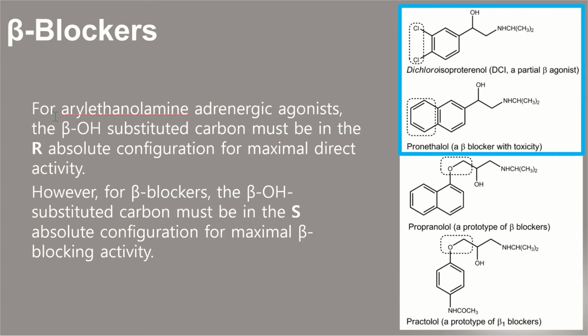All right, so for aryl ethanol amine adrenergic agonists, the beta hydroxyl substituted carbon must be in the R absolute configuration for maximal direct activity. You know all of this already. However, for beta blockers, the beta hydroxyl substituted carbon must be in the S absolute configuration for maximal beta blocking activity.